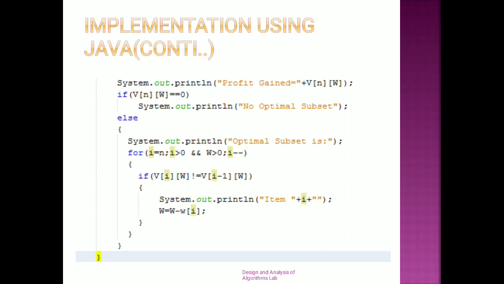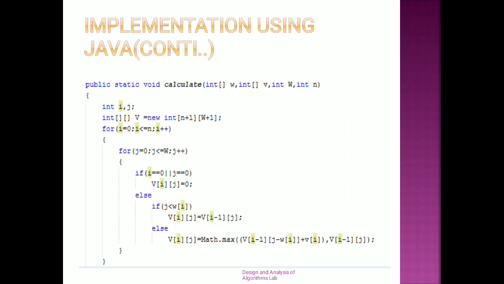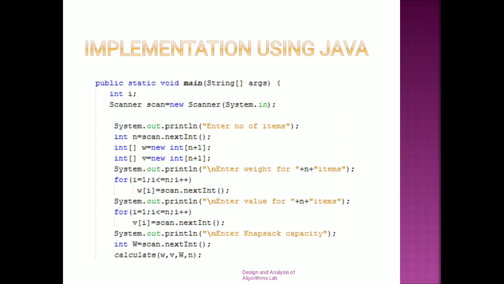The terminating conditions are i greater than 0 and W greater than 0. Only if these two conditions are true will it enter the loop, with i minus minus. Otherwise it will come out. So that is how we can implement the knapsack problem using the dynamic programming method.